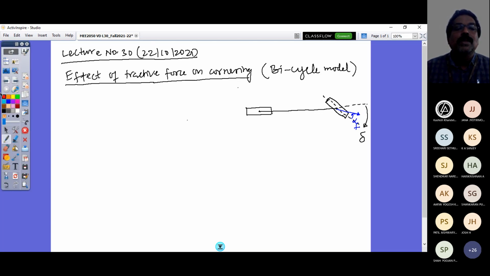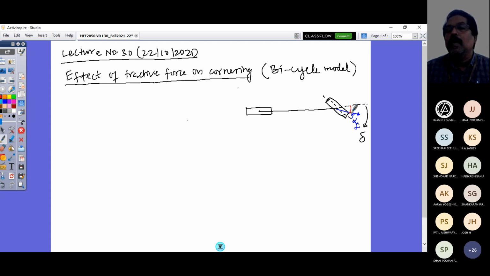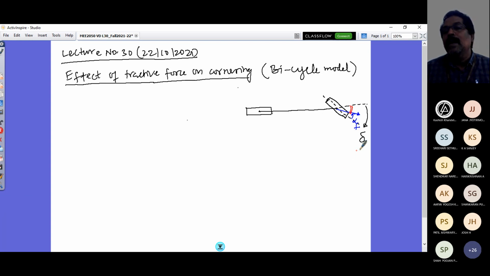So if I ask you, what is this angle here? That angle will be delta minus alpha f. You would take it like that, the sum of this angle, right? So let us take delta plus alpha f.